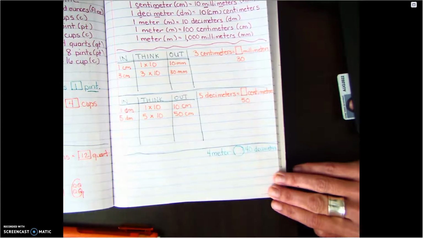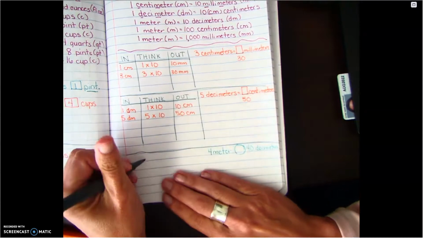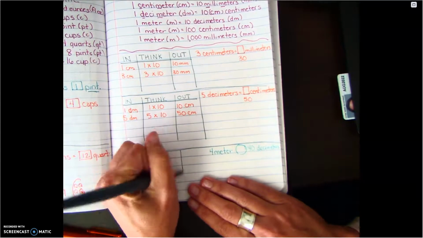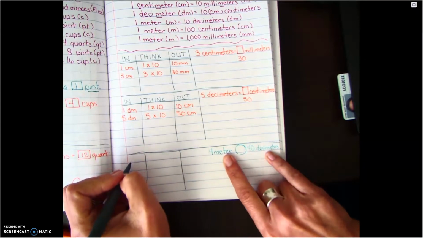All right, so that means I still am going to use my think chart for this one. I'm thinking of it like fractions. I can't compare them till they're both in the same measurement.